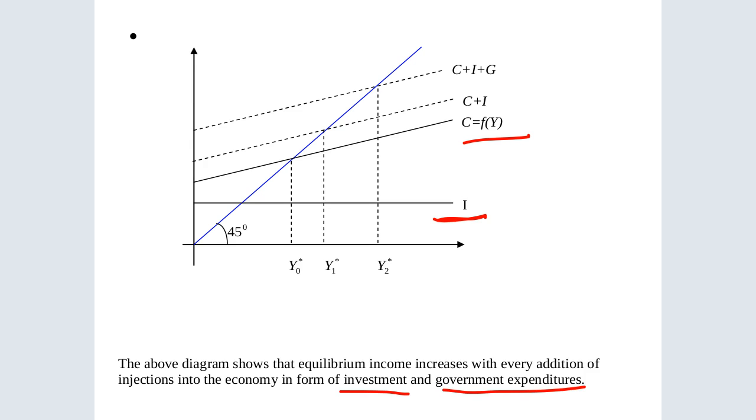So you can see when we have household consumption, this is the equilibrium income.